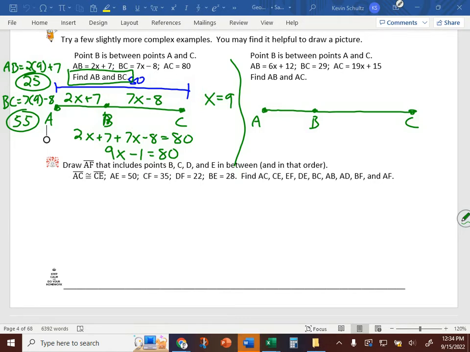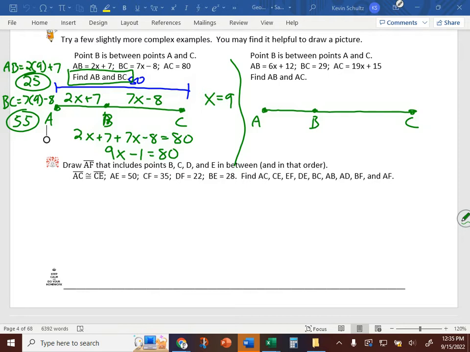Lisa, question? Couldn't you just solve 2x plus 7 by itself? No. What would you set it equal to? 0, and then you just move it over. Why would you set it equal to 0? Because 2x plus 7 doesn't equal 0, right? 2x plus 7 represents the length of this part of the segment, which a distance can't be 0 anyway, because then it's not existent.